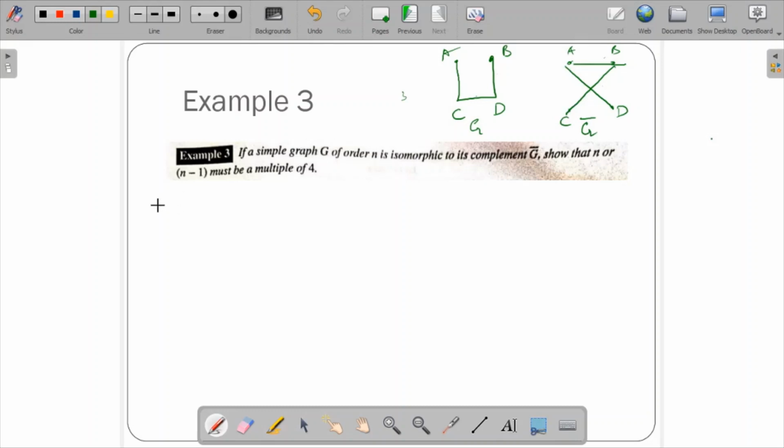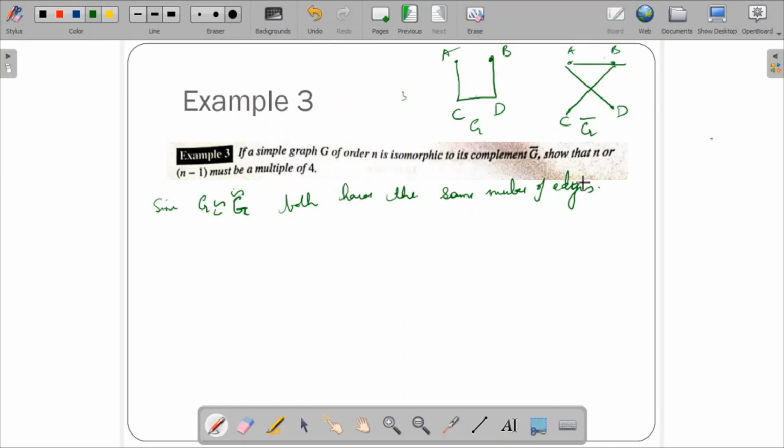Now, since G is equivalent to G bar, they have the same number of edges. Since they told that these both graphs are equal, G and G bar have the same number of edges.